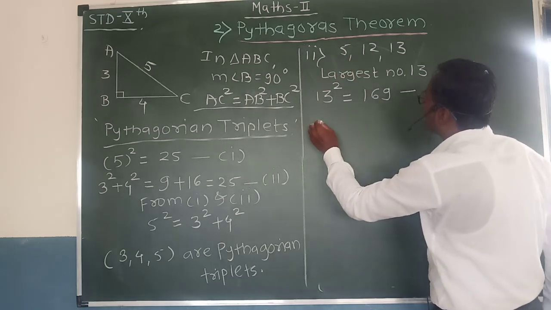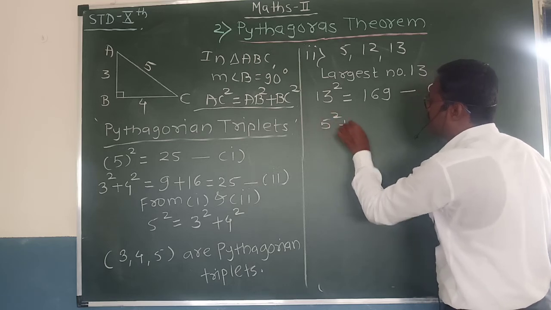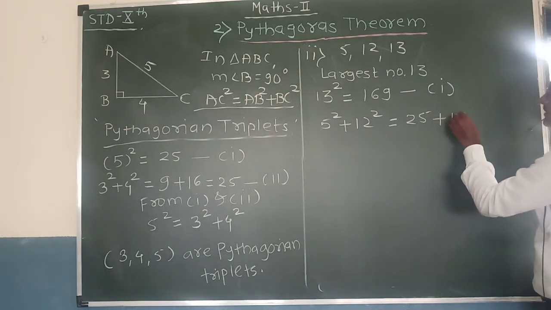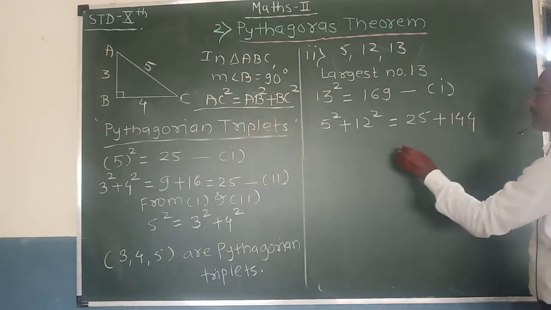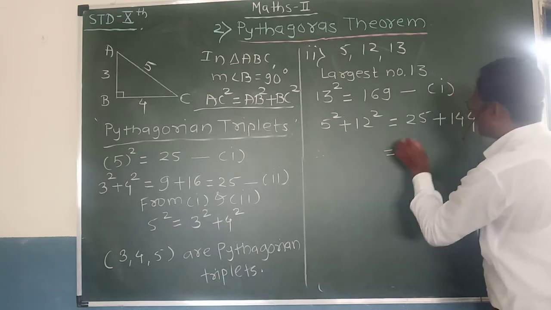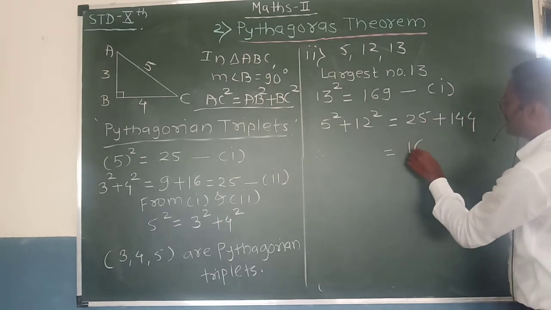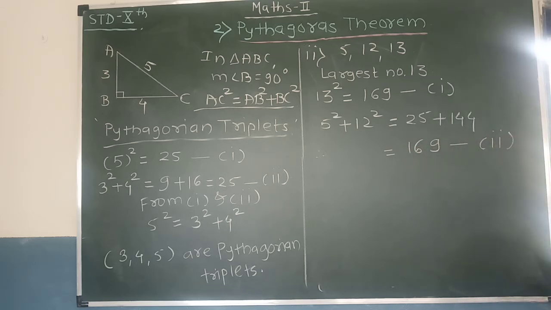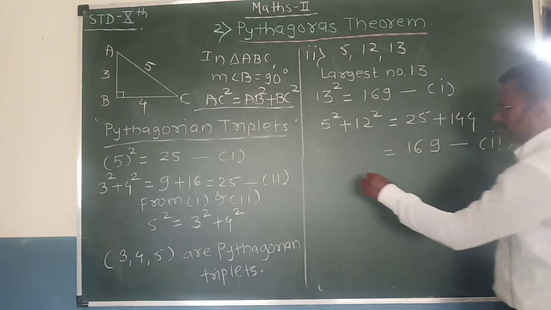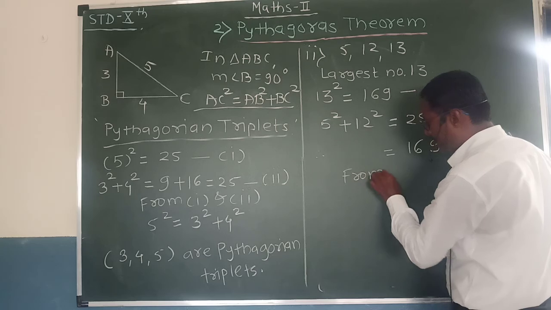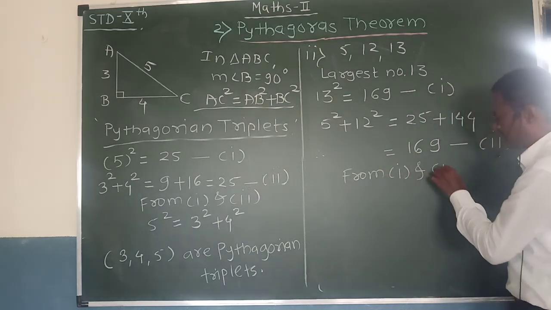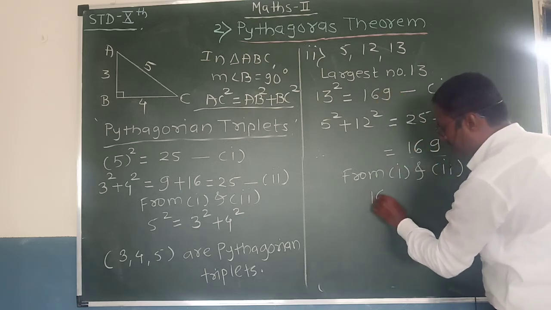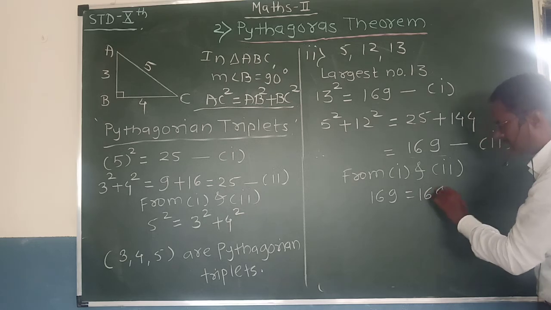You get the addition as 169 as second. In this case, from equation 1 and 2, you have 169 equal to 169.